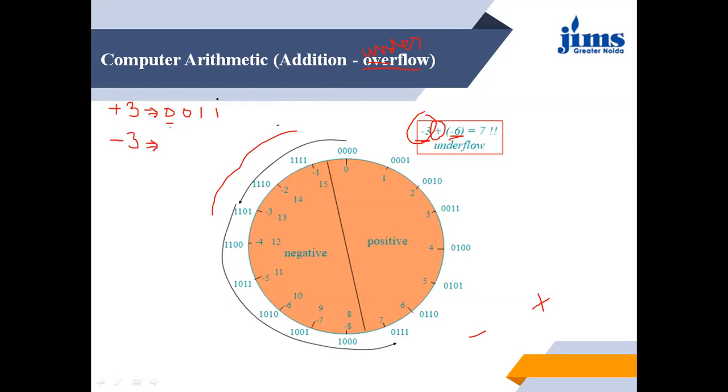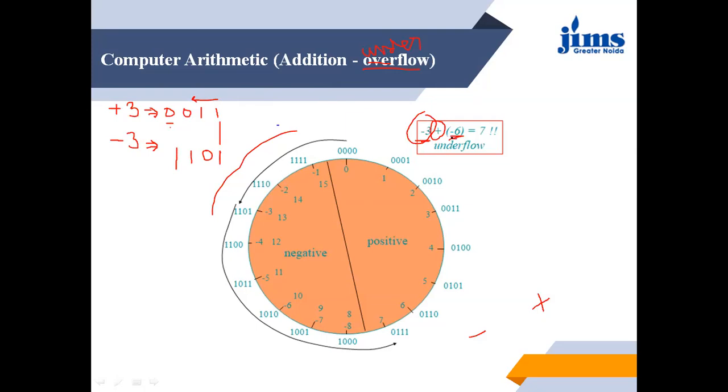We have to start from right to left, and when we find the first one, write the first one as it is, and after that flip the values, that is 1 to 0 and 0 to 1. So this is the binary equivalent of minus 3.